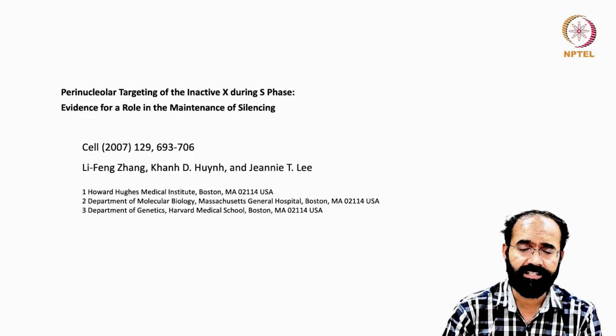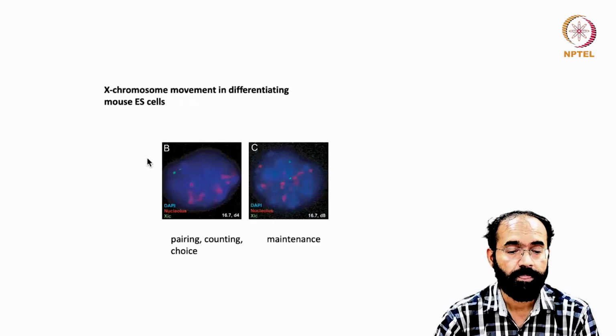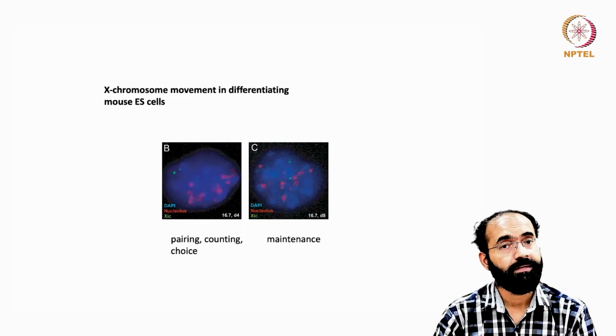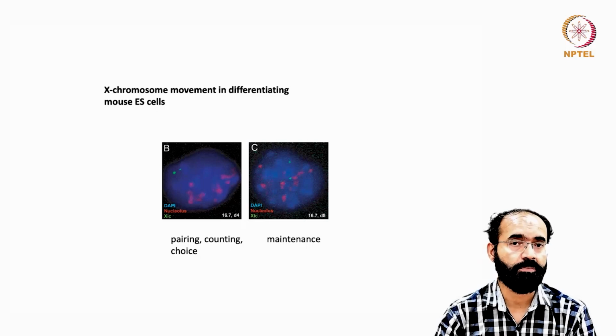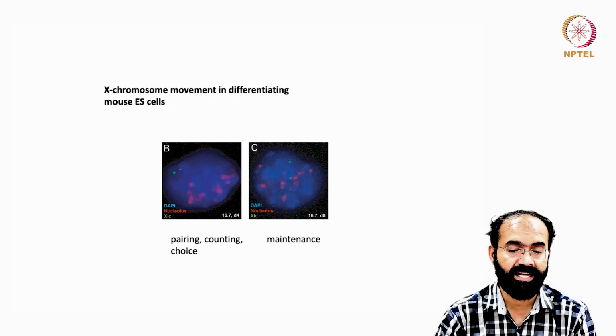This is a very interesting article, published in Cell a few years ago: X chromosome movement in differentiating mouse embryonic stem cells. We know that during the early phase of embryonic development, before differentiation happens, the counting has to happen. For counting, the chromosomes have to pair.